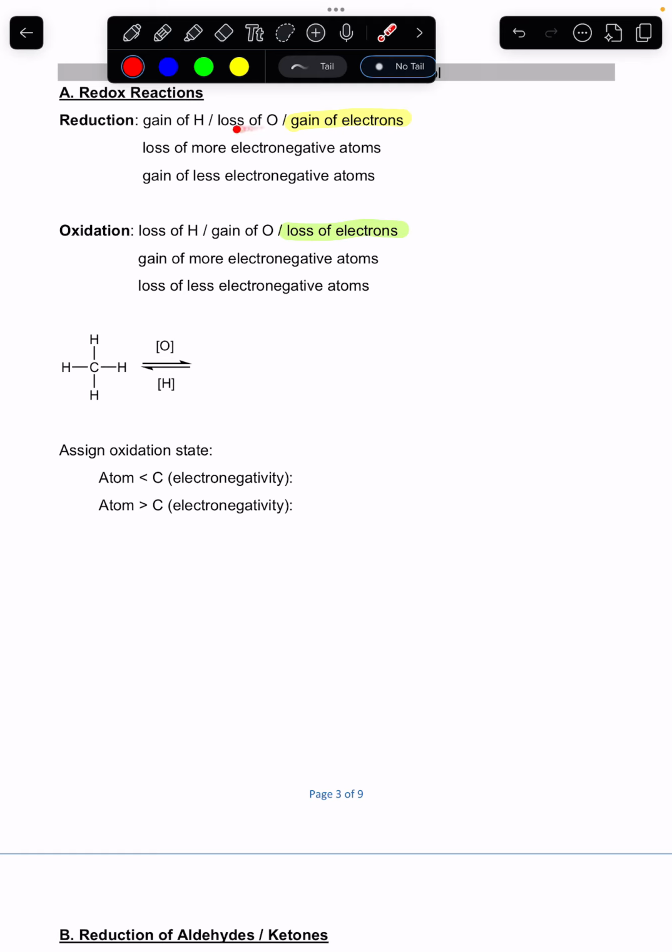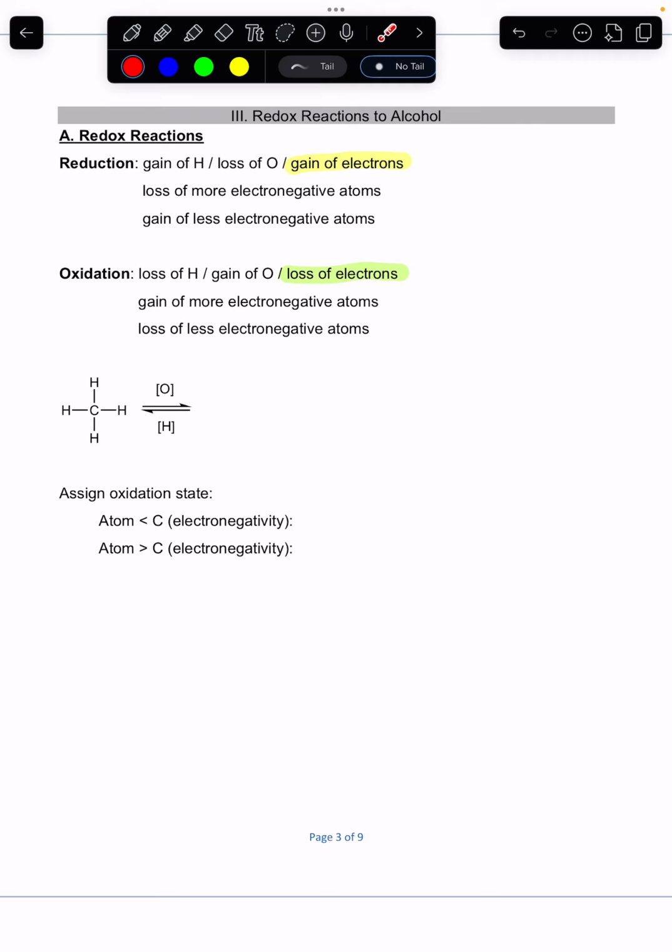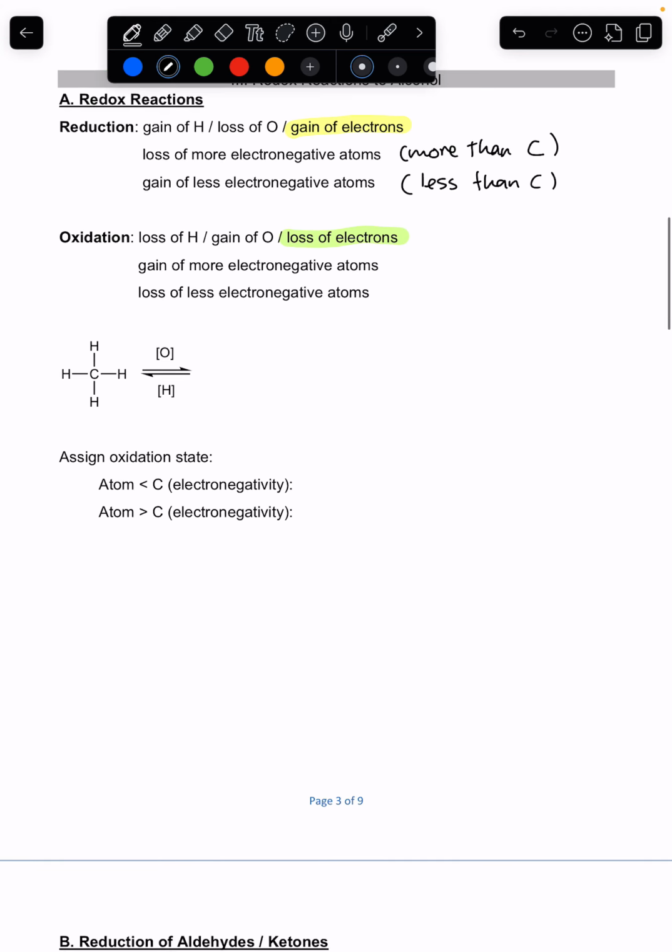You could apply that same idea to a more generic definition. Loss of more electronegative atoms, like oxygen, is a reduction, and gain of less electronegative atoms is also a reduction. Of course we're comparing electronegativity to carbon, because this is organic chemistry and we're talking about carbon compounds. Oxidation is the opposite.